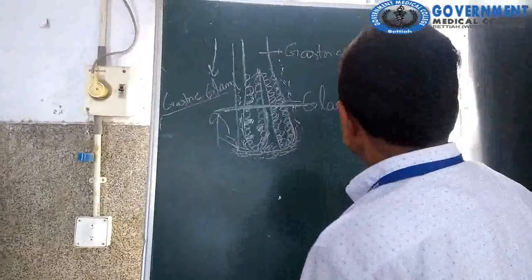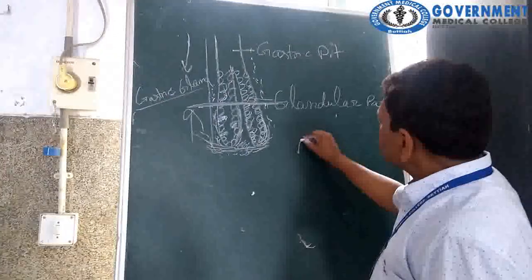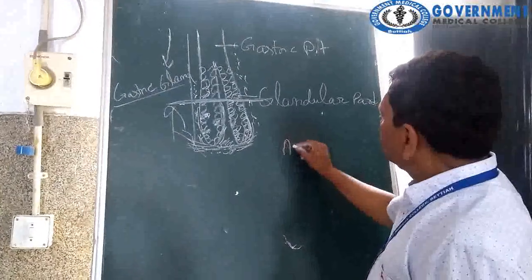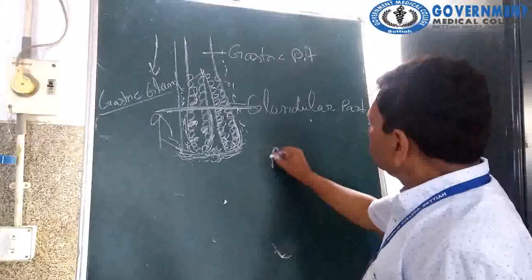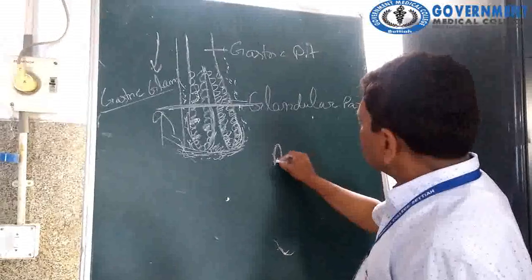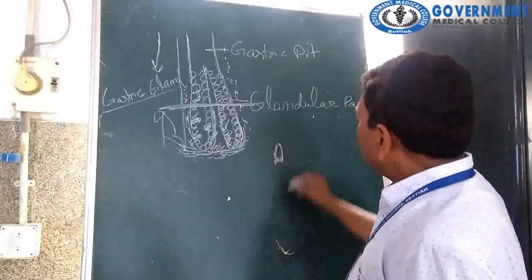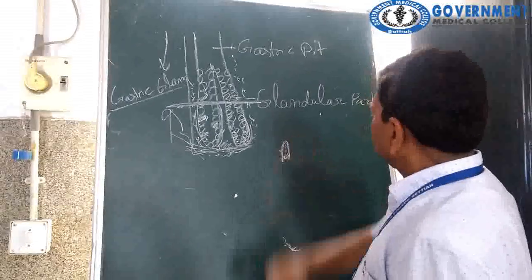The microscopic feature of these peptic cells or zymogen cells is that in the basal part there is deep basophilic staining, and in the supranuclear part zymogen granules are present.